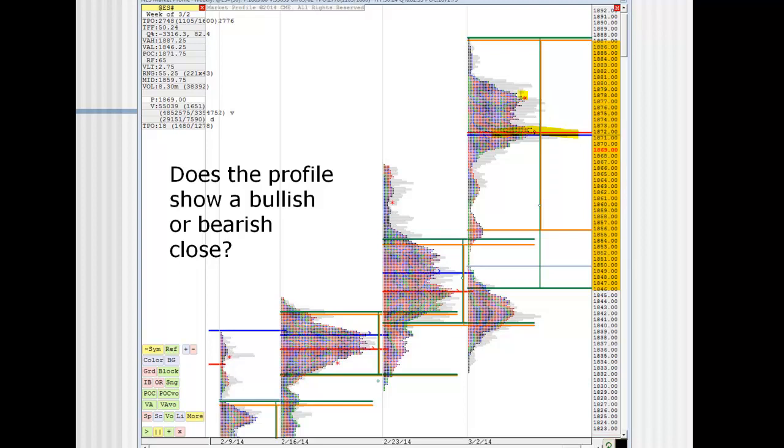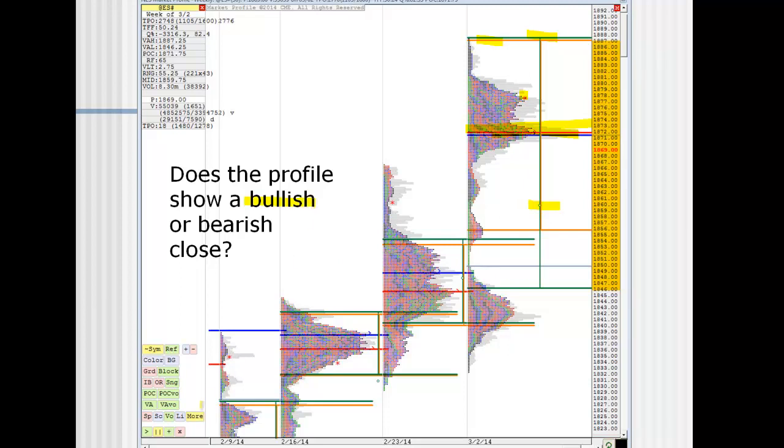We are closing in the top half of the range, and not only in the top half, but in the upper quarter of the full range, or the top half of the upper half. So this is very bullish up here, closing very close to the high of the week. That is a bullish close based on the development of that week.